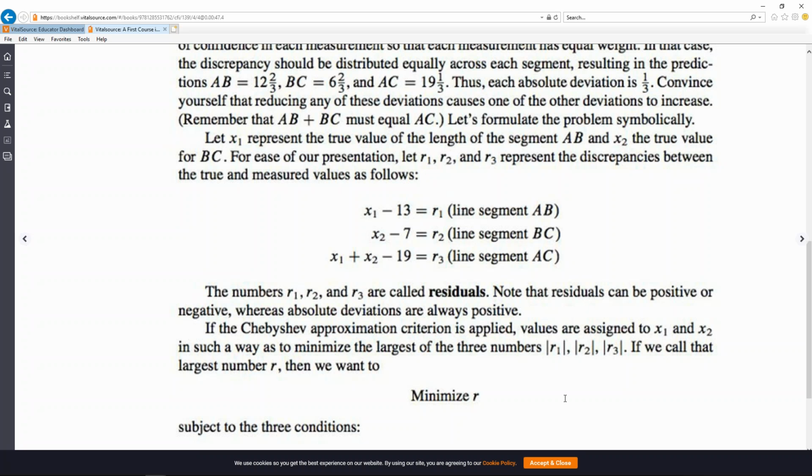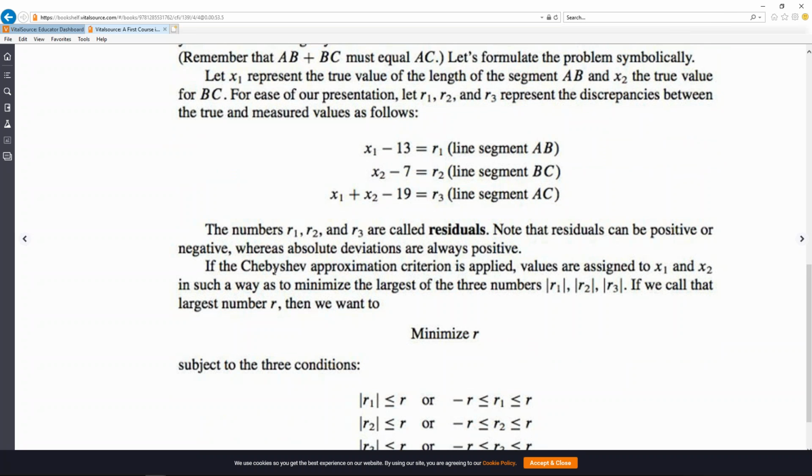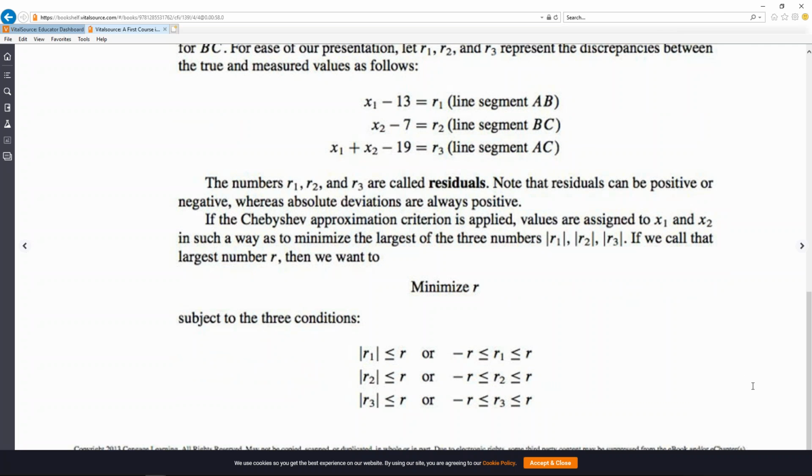So let's assume that we call the largest of those three numbers R. What we are trying to do is minimize that largest discrepancy, or the largest residual. That's the definition. So we try to minimize that, subject to certain conditions.